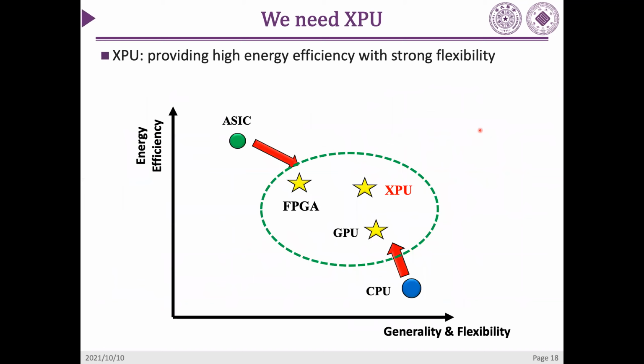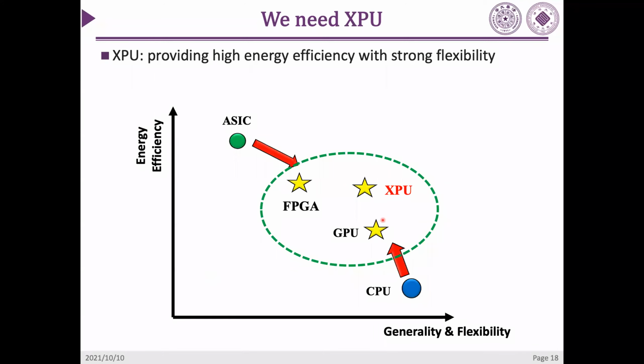So we can see, okay, the ASIC has the highest energy efficiency, but maybe the lowest generality or flexibility. But the CPU has the highest flexibility, but the lowest energy efficiency.